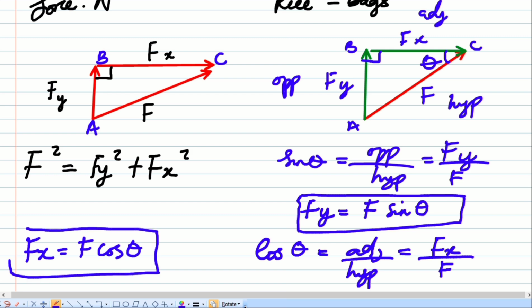So this is the formula we need to calculate the horizontal component of any vector. So you see we need three formulas. If we are given Fy and Fx, we use Pythagoras theorem to get the resultant. But if we are given the resultant, to find Fy, we do F sine theta, to find Fx, F cos theta. So these are the formulas you need.